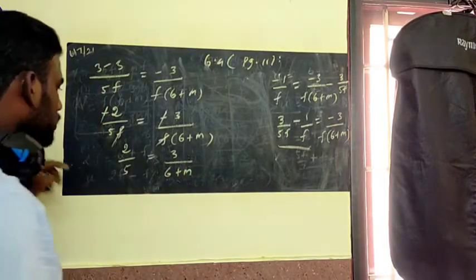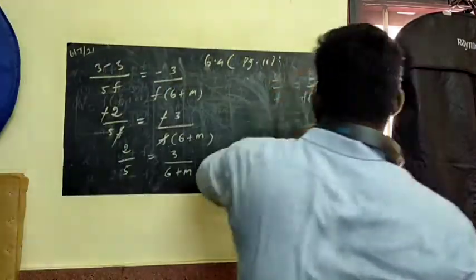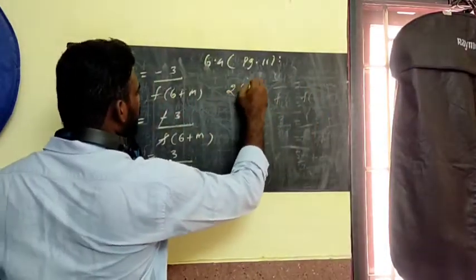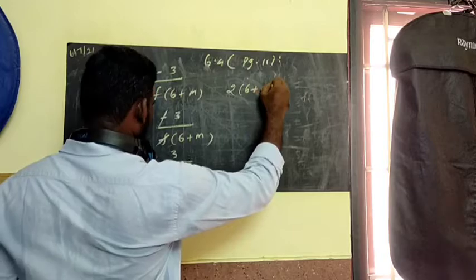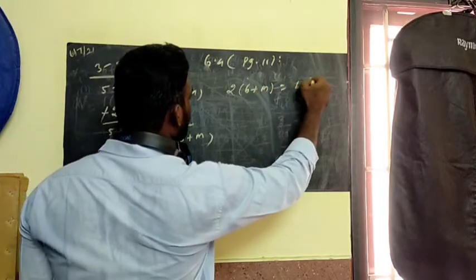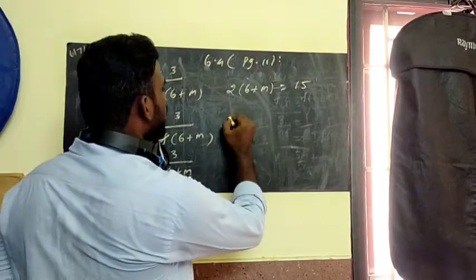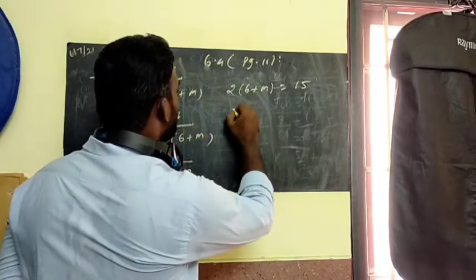Now doing cross multiplication, 2 into (6 plus m) equals 3 into 5, which is 15.